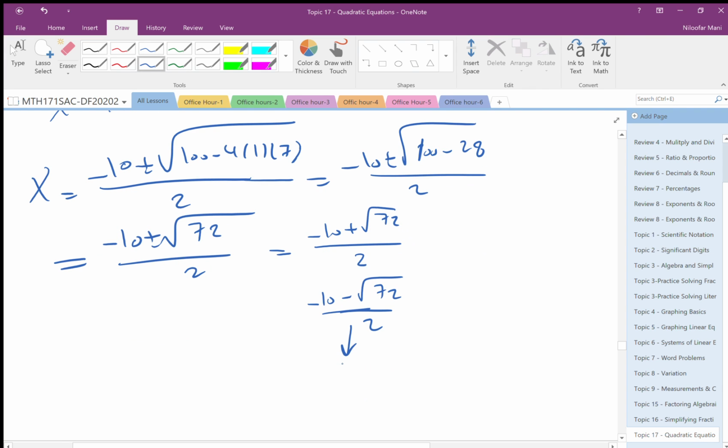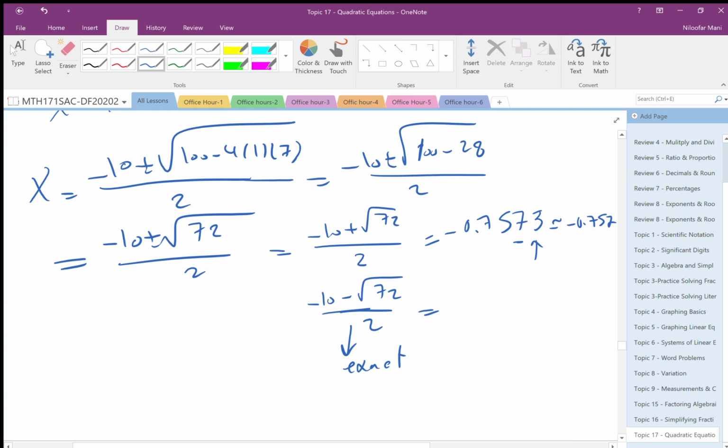But if I don't want that, I can use my calculator. If I use my calculator, it is minus 10 plus radical 72 divided by 2, which is minus 0.757, to 3 significant digits, which is almost 0.757.